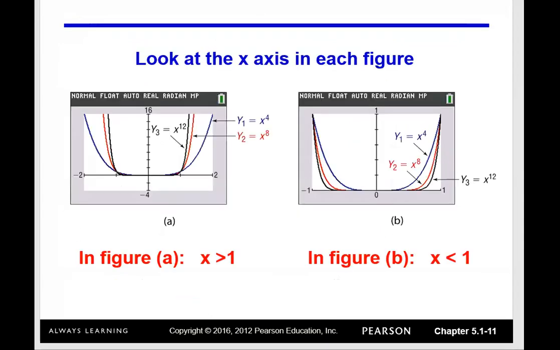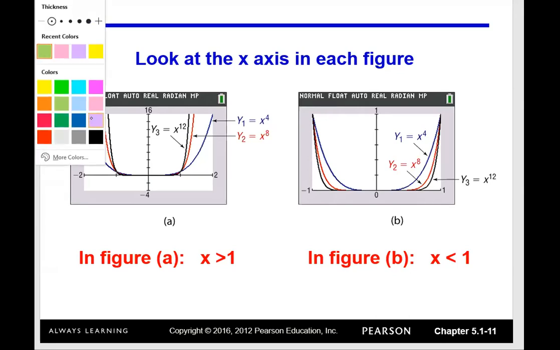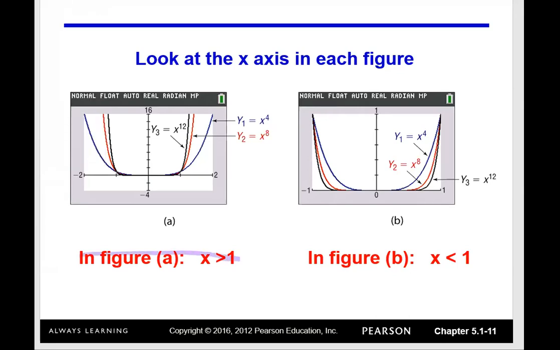And then this is a picture somebody took on graphing calculators to also show you that if the base, which is x, is greater than 1, all right, if x is greater than 1, x is your base, x squared, x to the 4th, okay?